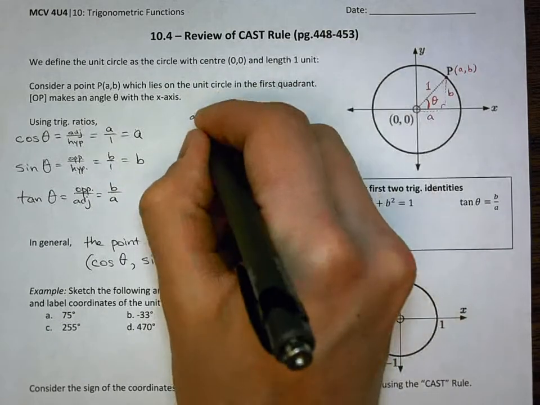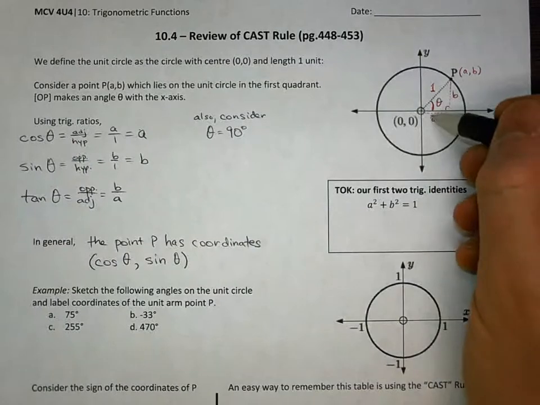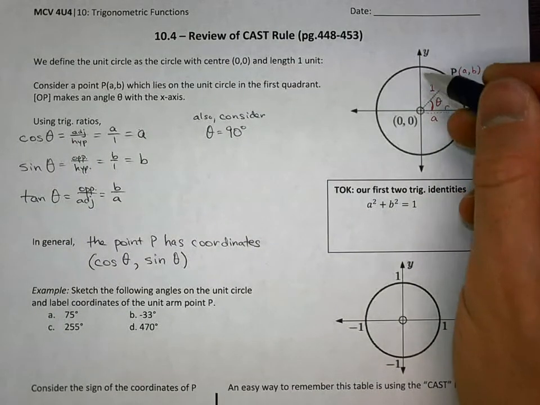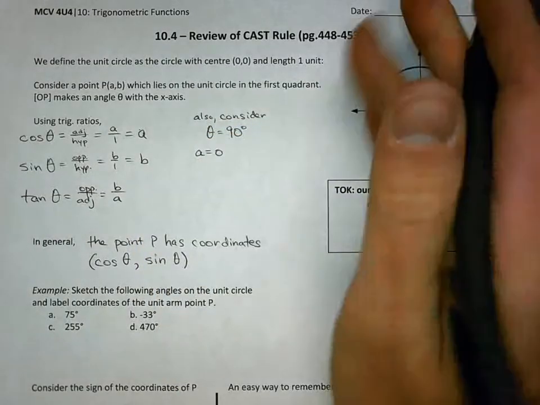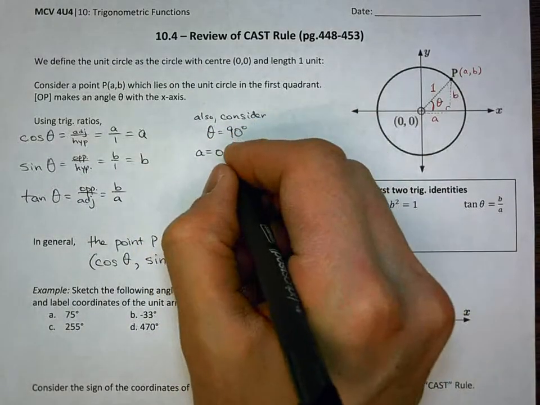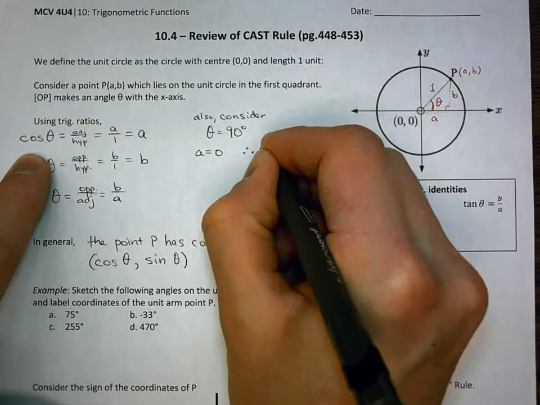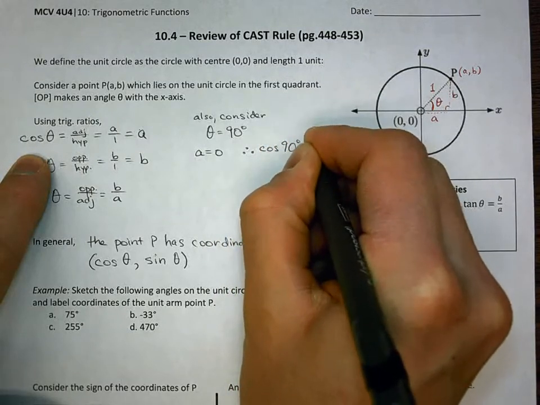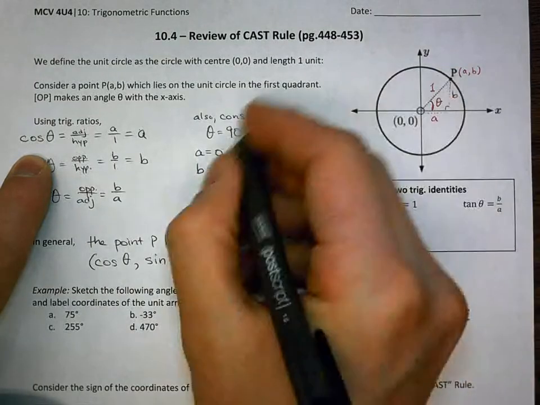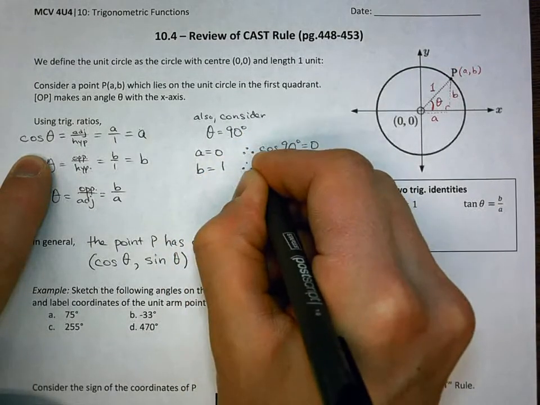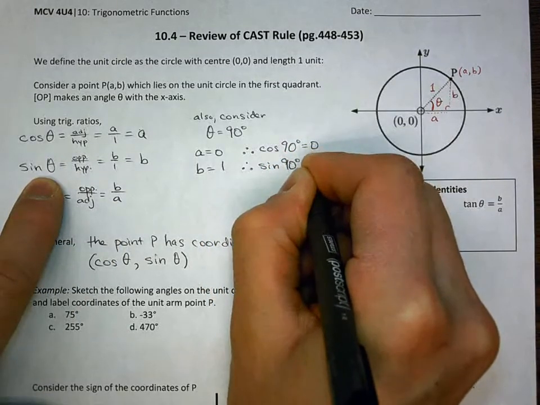Consider if theta is equal to 90 degrees. If this angle is all the way to 90, then in that case a is equal to 0, because there is no x-coordinate. So cos 90 degrees is equal to 0, and b, the y value, is 1, so sine 90 degrees is equal to 1.